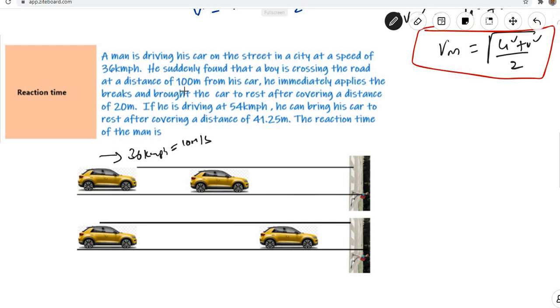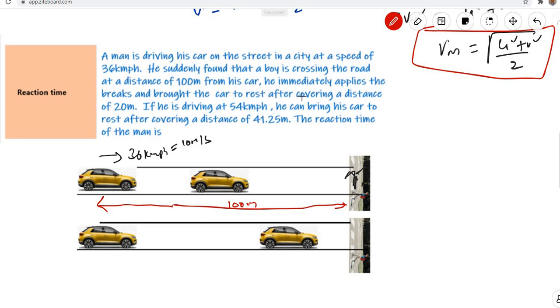Now we suddenly found that a boy is crossing the road. See, there is a boy who is crossing the road at this point. He found that a boy is crossing the road at a distance of 100 meters from his car. So the total distance from the car till the point where the boy is crossing the road is given as 100 meters.